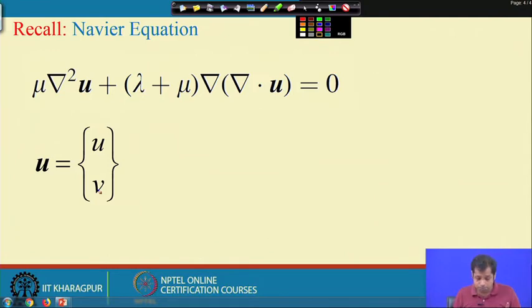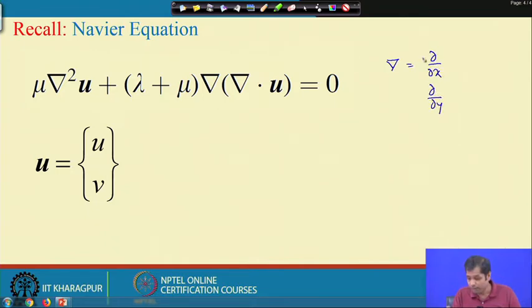Now, we have to write the same expression in terms of a complex variable. And the del operator, if you remember, was del x and then del y.